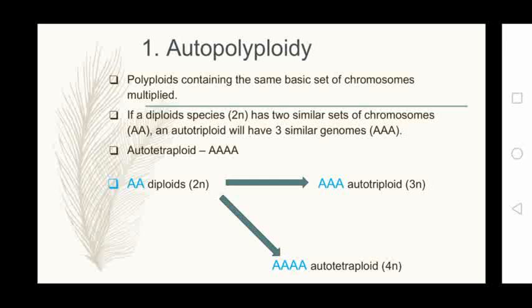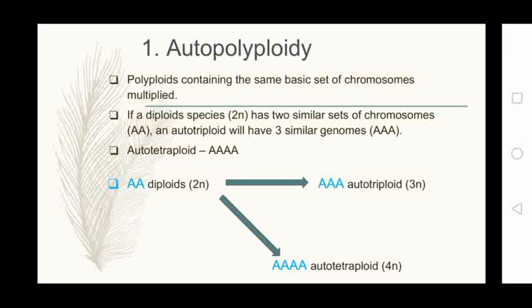Normally we won't represent chromosomes as A, but for simply representing chromosomes, we have written chromosome as A. So if a diploid organism carries 2 similar sets of chromosomes, one set is capital A and another set is also capital A, then the n set represents one capital A and another n set represents the second capital A. So an autotriploid organism will have 3 similar sets of chromosomes, capital A, capital A, capital A, that is 3n.